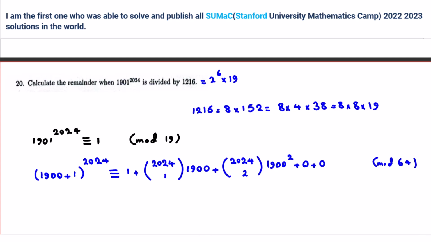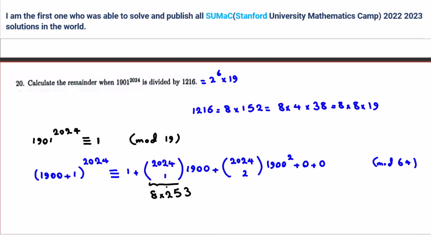Is it just 1? 1, okay, let's check. 2024, here it is a multiple of 4. 2024 is 8 times what? 8 times 253, right?